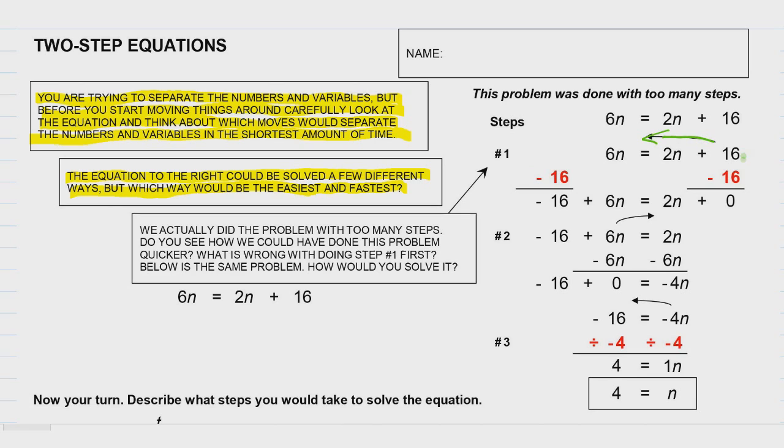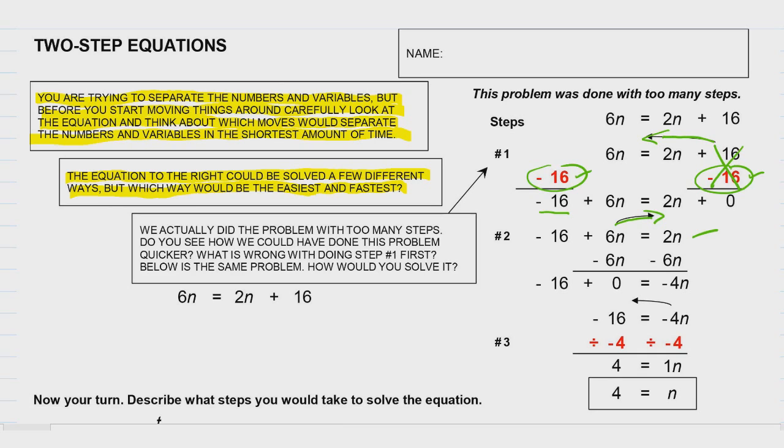And when you move the number to the opposite side, you have to do the opposite operation. And you have to do that to both sides. So as you can see, they minus 16 to both sides. And 16 minus 16 equals 0, so they cancel each other out. And over here now you have a negative 16 or a minus 16. Then we're right here. And on step 2, they decided to move the 6n to the other side.